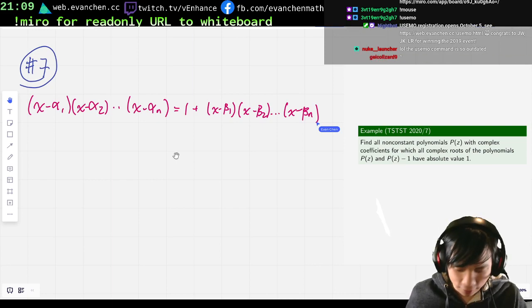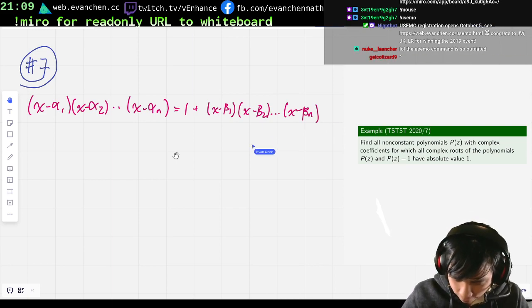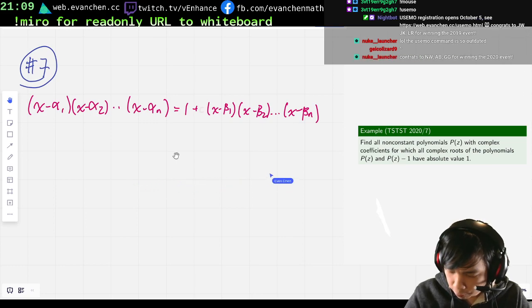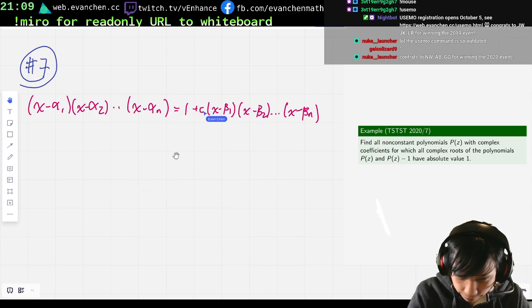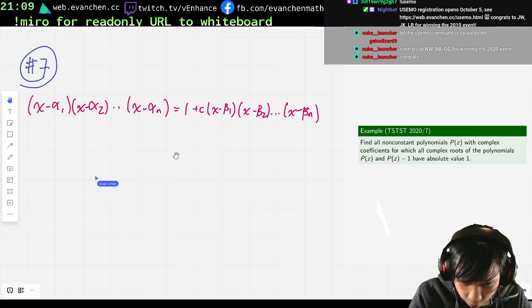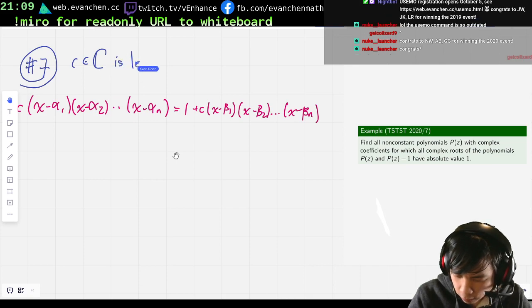Oh, I also need to update that. Sorry, they also have a leading coefficient, so let me put in the leading coefficient. C is some complex number, so C is the leading coefficient.